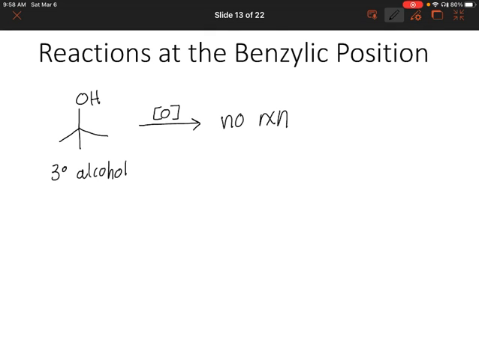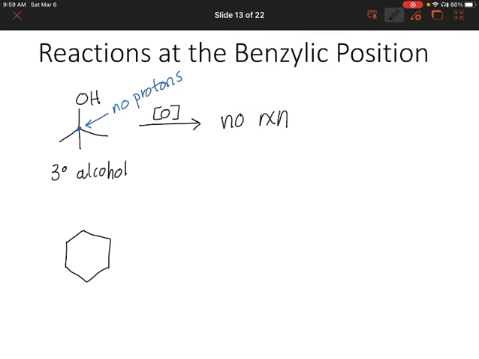So remember, you actually need to have protons on that carbon in order for oxidation to occur, because you're removing 2 electrons every time you perform an oxidation step. So you're removing that proton and its 2 electrons. So if you don't have any protons at the carbon that you're trying to do the reaction at, you can't oxidize it. And it's the same thing with the benzylic position too.